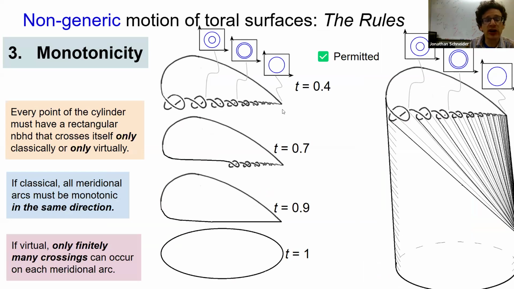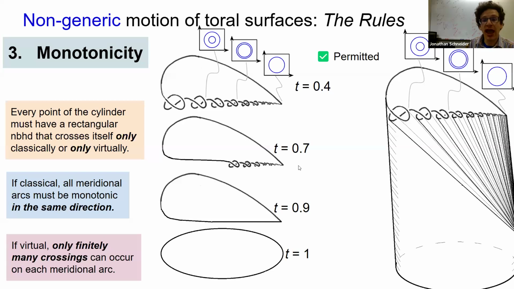Let's just start with a weird non-generic shape here and see that this is a permitted move because any point of the cylinder crosses itself either only classically or only virtually, and every slice is monotonic in that the classical crossings should be strictly descending or strictly ascending, not some wacky combination of them.